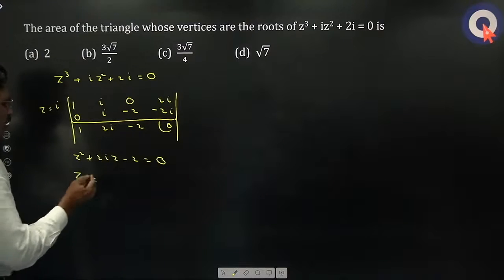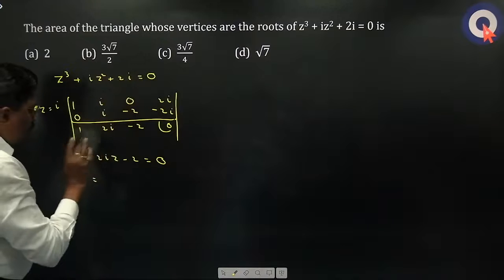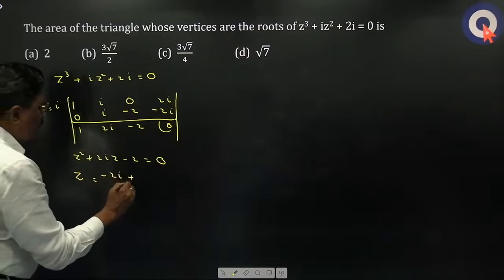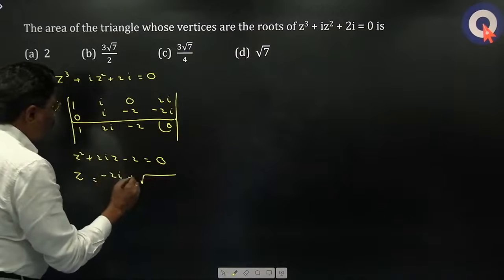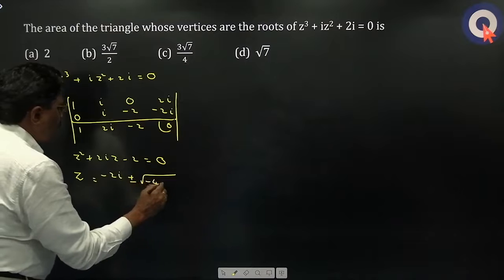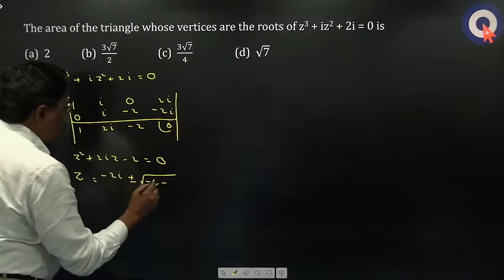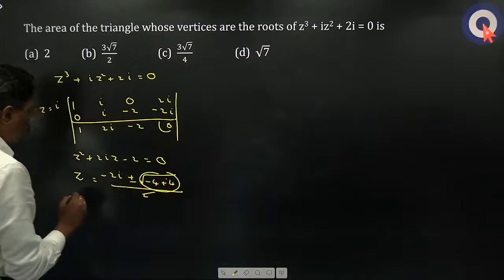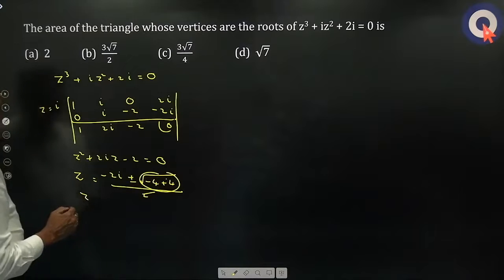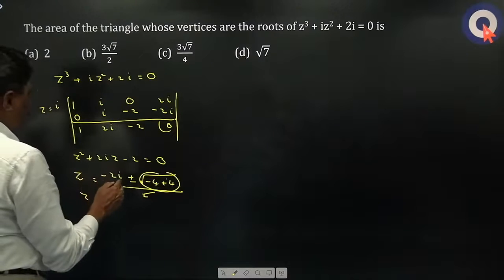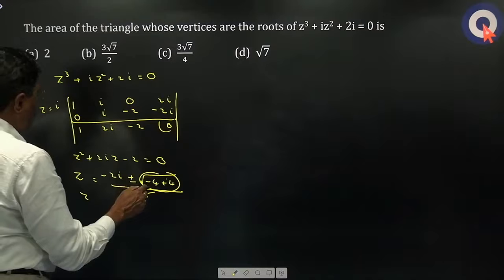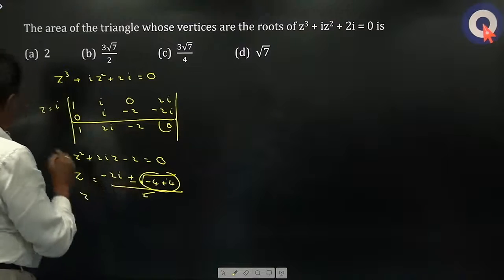So z is a quadratic, with real coefficients. No, not real coefficients. It's a quadratic. z is equal to minus b plus or minus root of b square, 4i square is minus 4, minus 4ac, by 2a. So z square plus 2iz minus 2 is equal to 0. Okay, I made a mistake here.